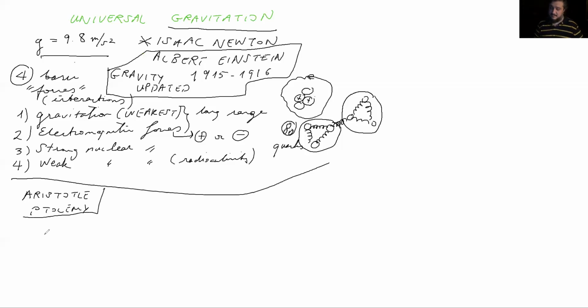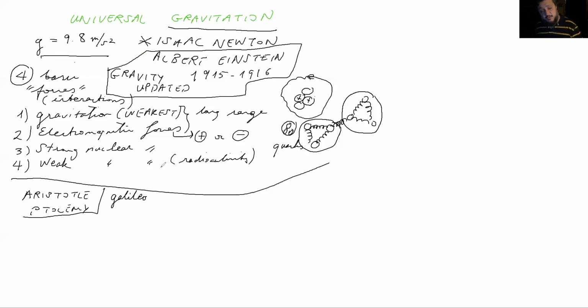They believed that, for instance, heavier objects would fall faster. They would accelerate with a greater acceleration. This is wrong. I mean, due to Galileo and Newton, we know that this is not correct. And experimentally, this is also Galileo, a fact that objects fall with the same acceleration.